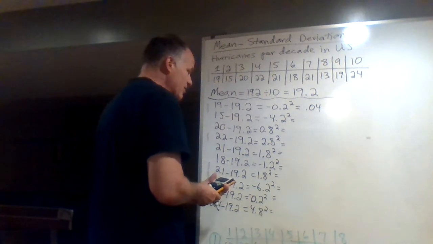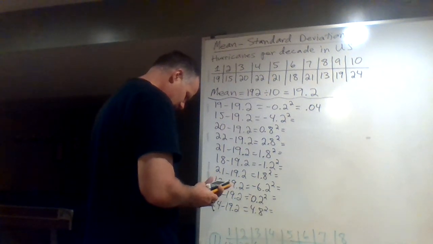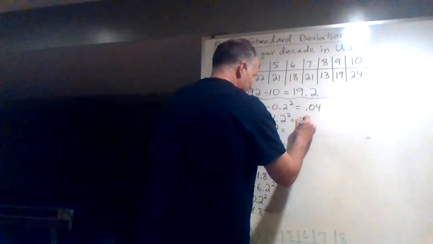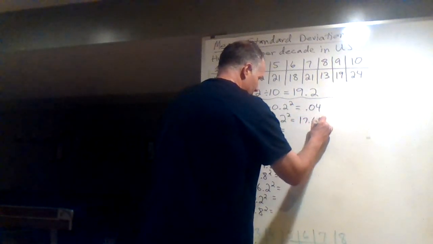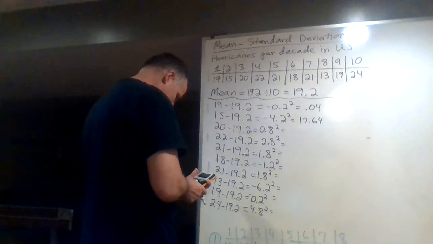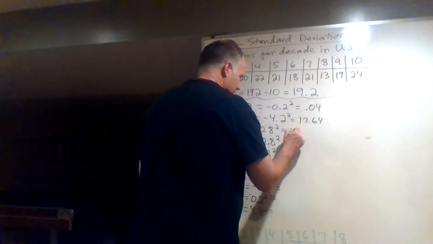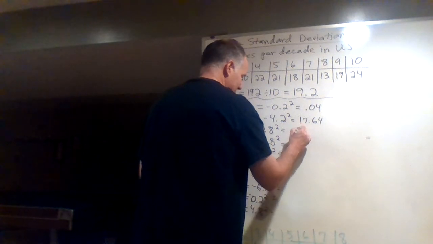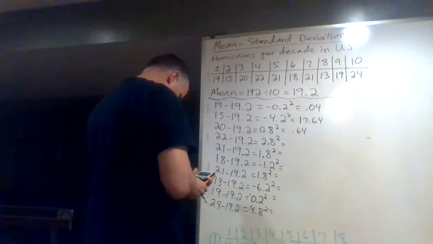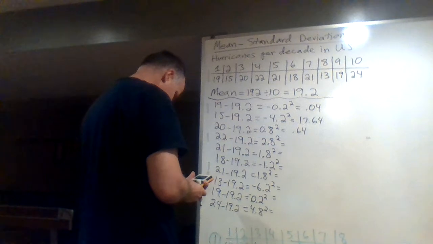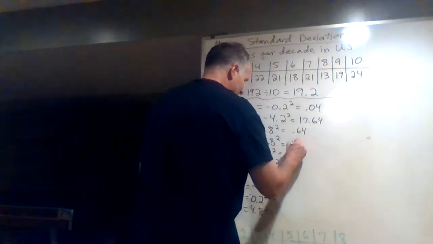Negative 4.2 squared, this one's big, 17.64. 0.8 squared, 0.64. 2.8 squared, 7.84.